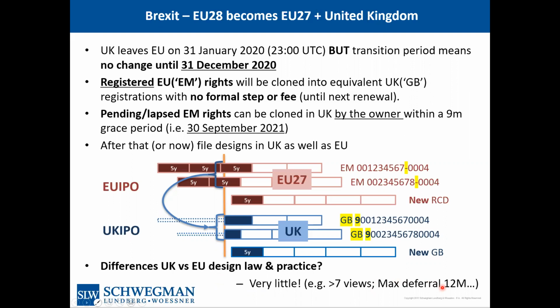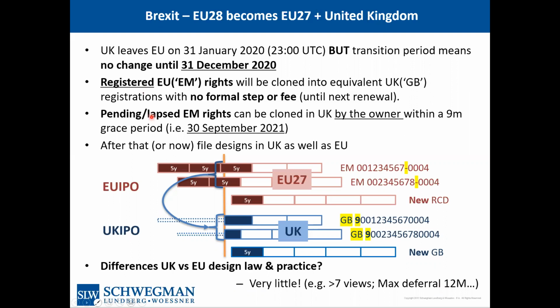Again, the EU and the UK are both members of the Hague Agreement, the Hague system, and similar transitional arrangements will be in place for designations in international registrations in time for the end of the transitional period.